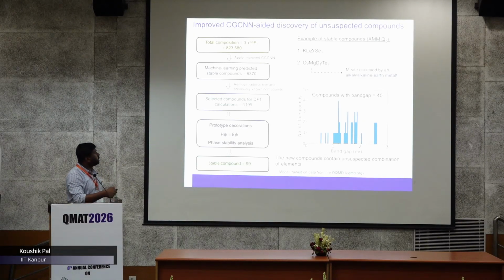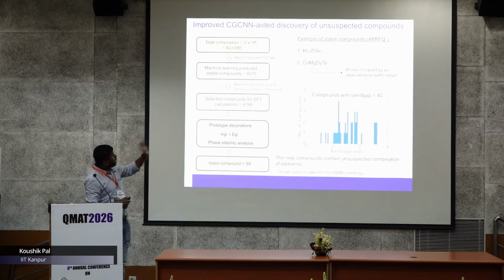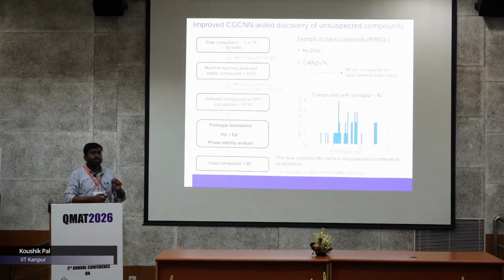Now the new compounds that we discovered in this project are slightly different from what I showed you earlier. These compounds are unconventional, right? And unconventional, rightly so, because we have removed the constraints that we had applied earlier. Meaning, if you look at the compounds, these elements are not following the rule that the experimentally known compounds followed.